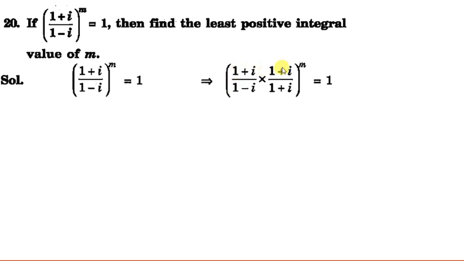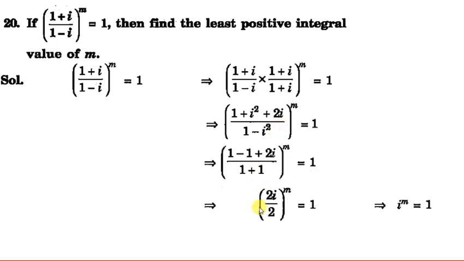Now multiply the numerator, we get 1 plus i square plus i plus i, 2i upon (1 minus i) square, डिनोमिनेटर में a माइनस b इंटू a प्लस b इक्वल टू a स्क्वायर माइनस b स्क्वायर अप्लाई करेंगे. i square is minus 1, so this minus 1 plus 1 gets cancelled, and in the numerator we have 2i and in the denominator we have 2. 2 gets cancelled and we are left with only i raised to the power m equal to 1.